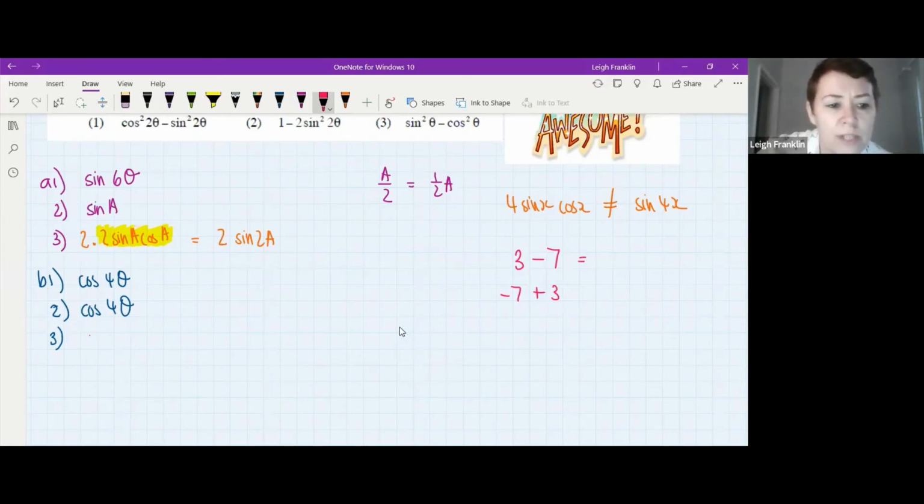So I can take sine squared theta, not sine 2 theta, minus cos squared theta, and change the order of the terms, just like I did with the 3 and the negative 7. And I can write this as minus cos squared theta plus sine squared theta.